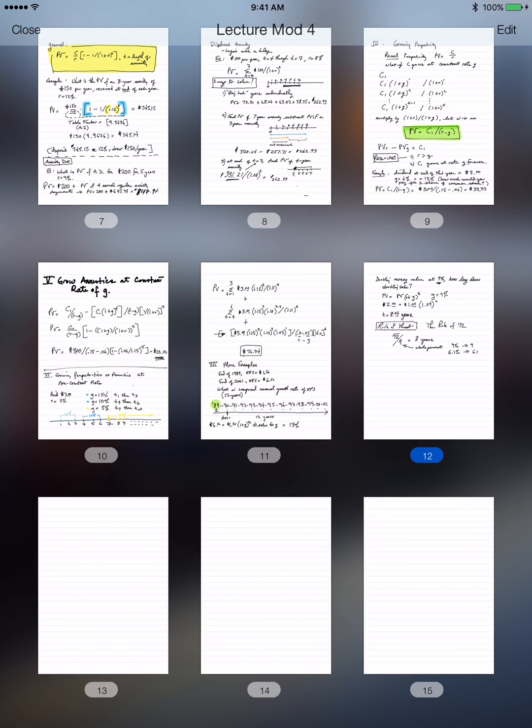Now, let's put some of this together into a comprehensive problem, finally. Let's say you plan to pay tuition for a nephew through 4 years of college. In today's dollars, tuition is running $8,000 per year at this particular university that she wants to go to.